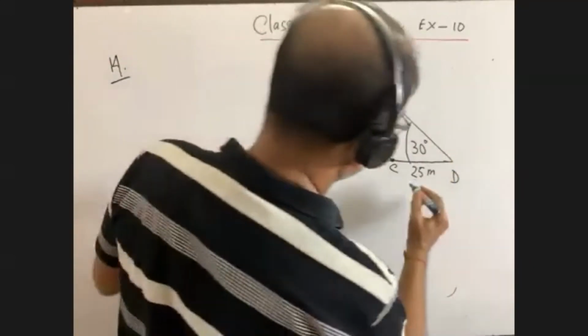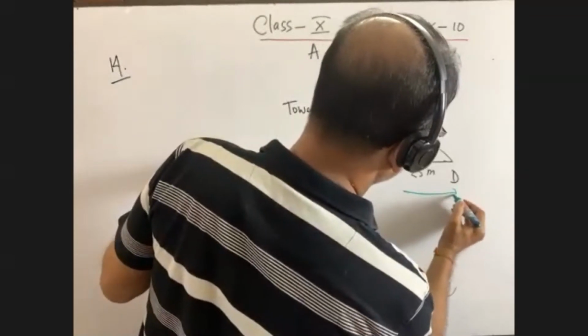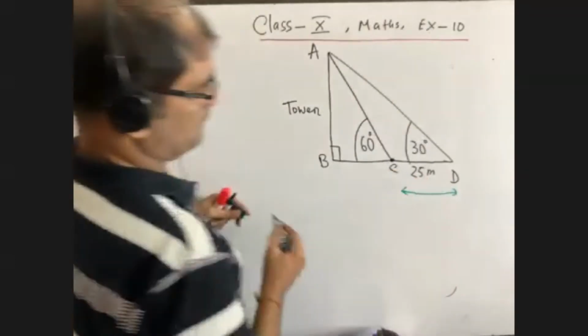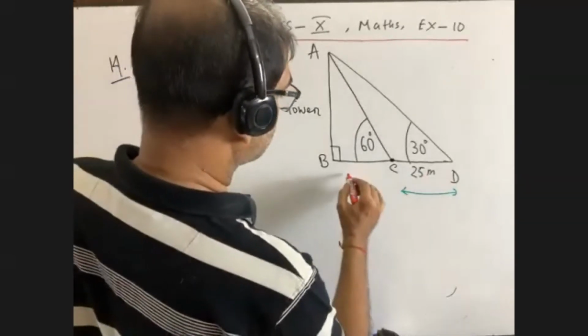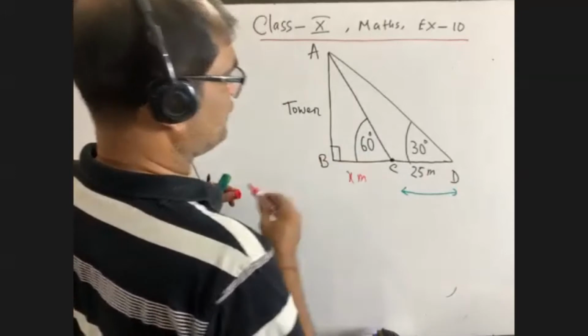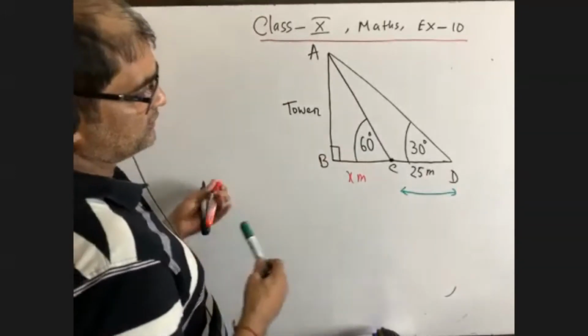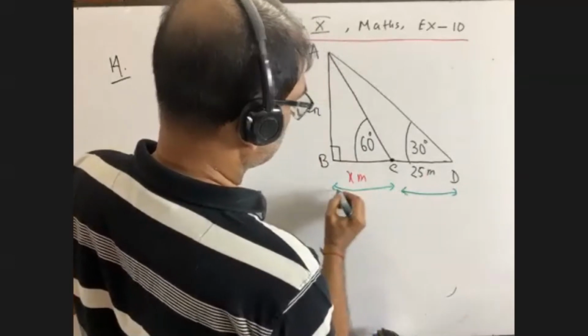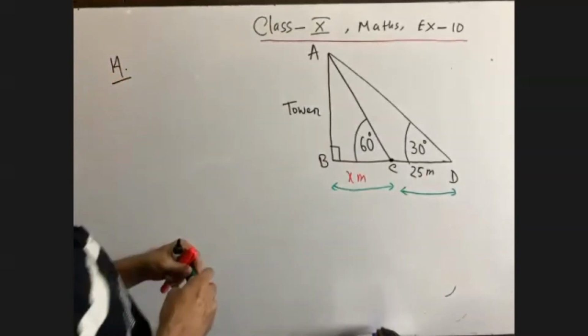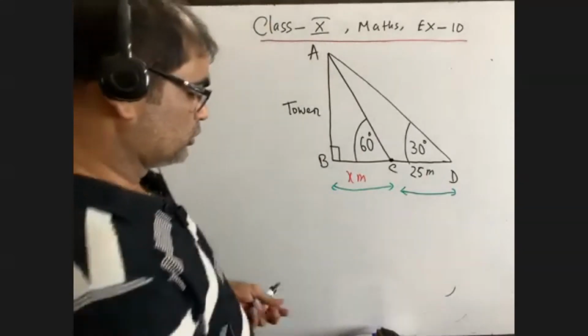This is 25 meters. Now let this be x meters, from here to there. I think you have got the question.